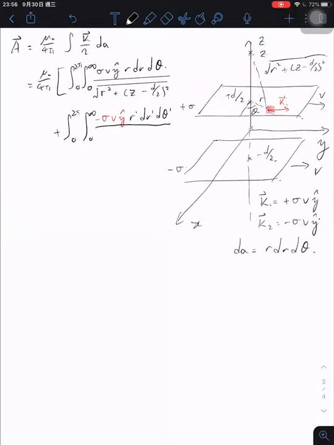For the distance between the source position and the observer, let me draw it here on the left. This is R prime, and using the Pythagorean theorem, the distance is the square root of R prime squared plus (Z plus d over 2) squared.